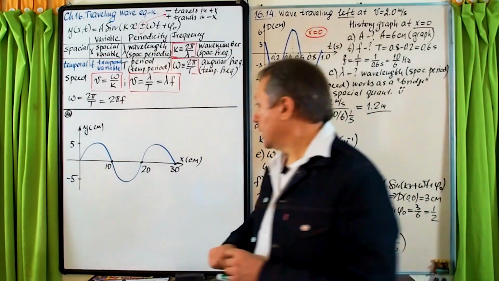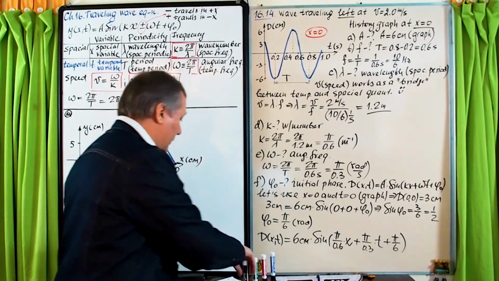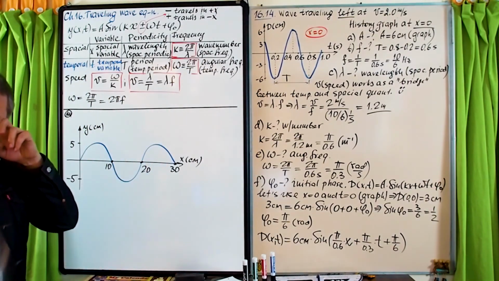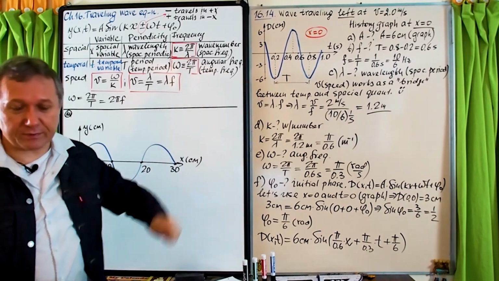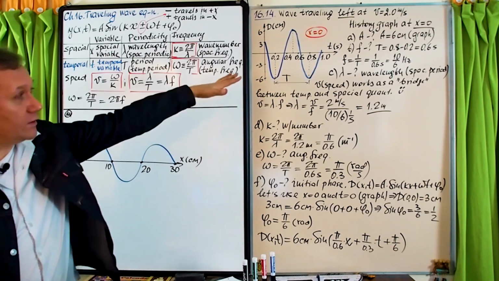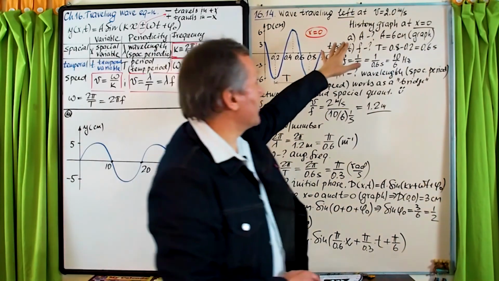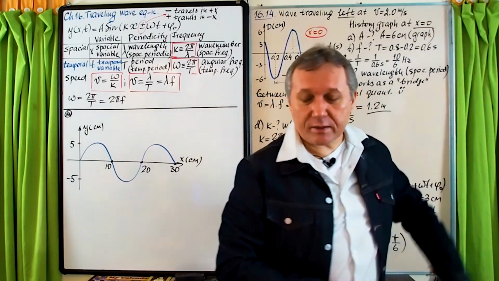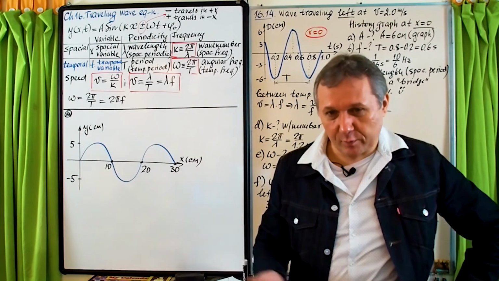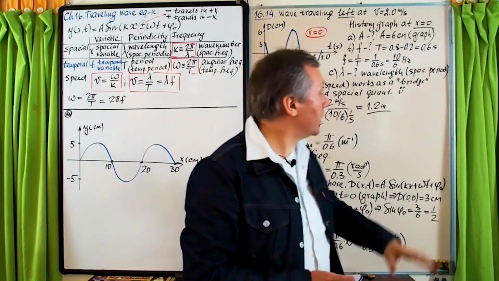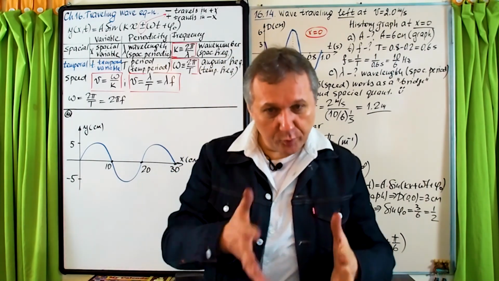First of all, we need to understand what's the name of this plot and what's the difference relative to the plot in the previous problem. Over there, we had a history graph. The space was frozen, basically. X was frozen, so we observed what happened to the wave at that particular point in space.